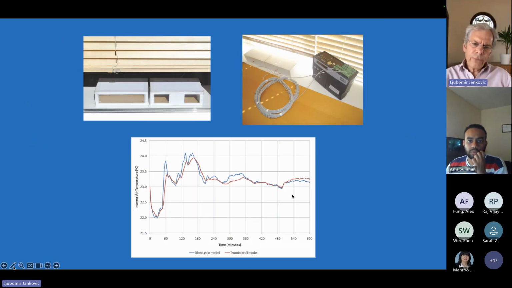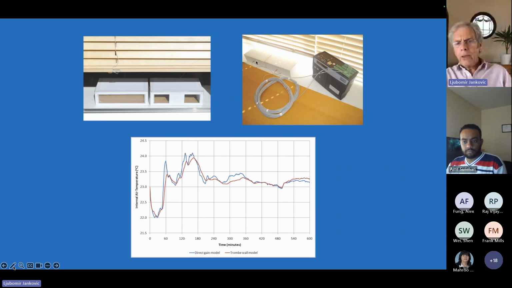I have conducted scale model experiments of Trombe wall and direct gain systems. In both cases, the high density material is sand, and this is on my windowsill at home. And in the back of these boxes, there are temperature sensors connected to a data logger.